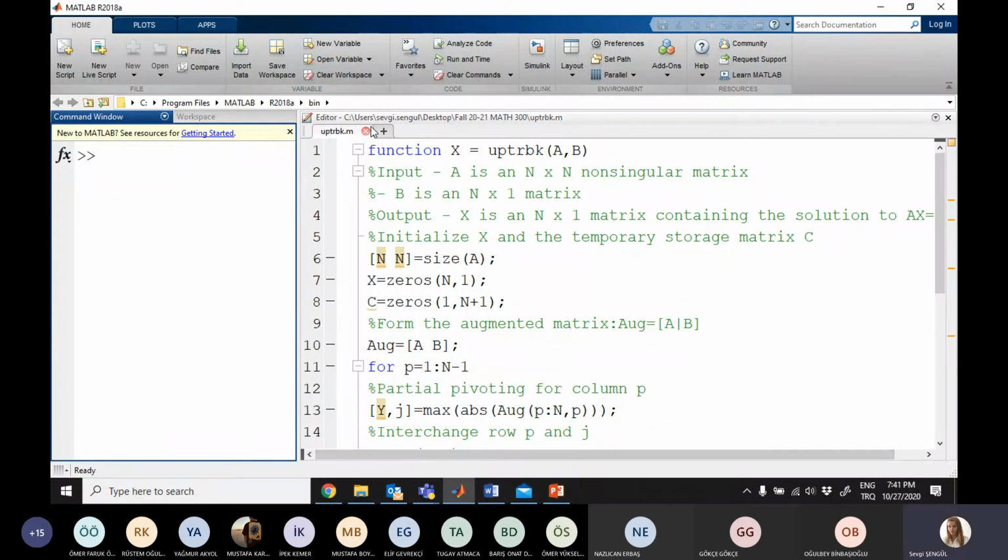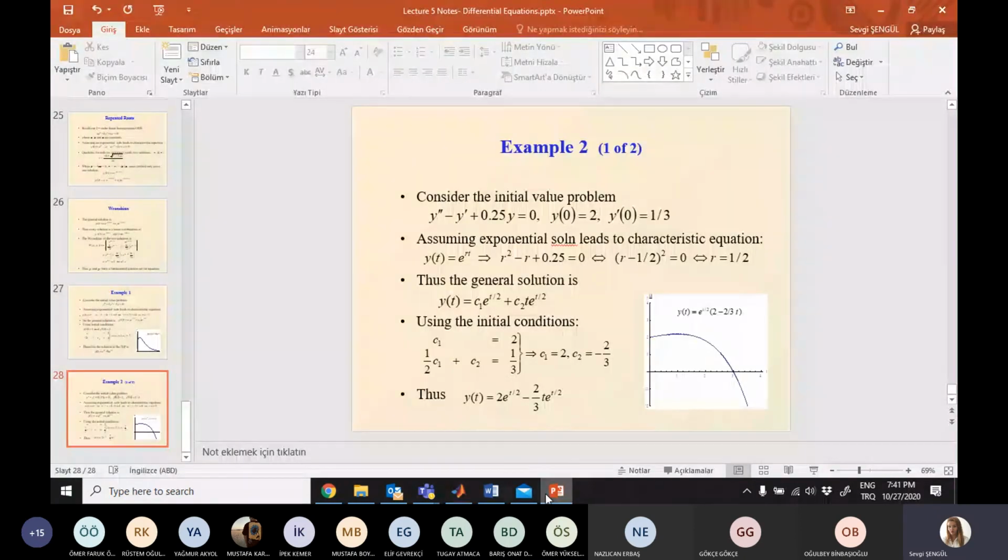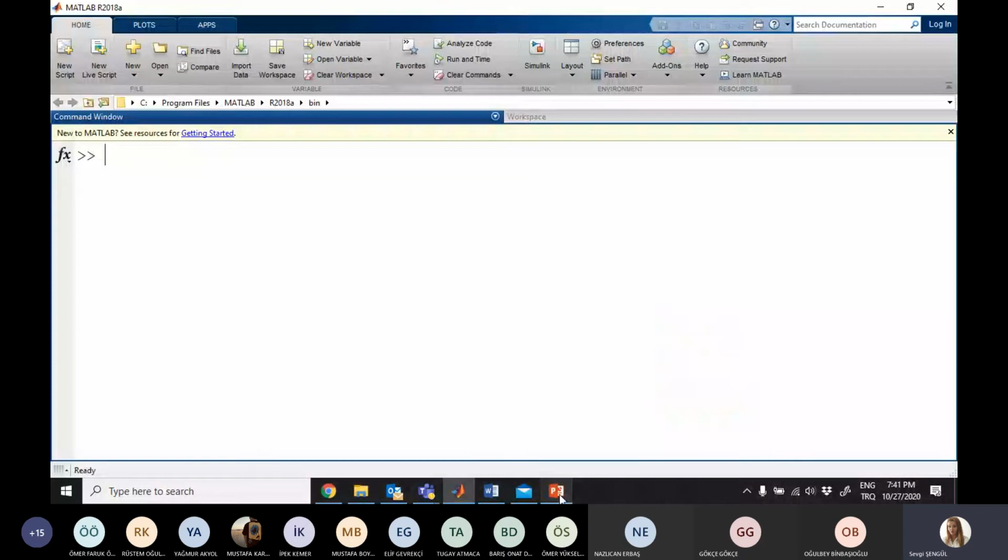Okay, we need just the command window. And let's take one function, this one. 2 times e to the t over 2, or anything. Let's say this one or that one, doesn't matter.